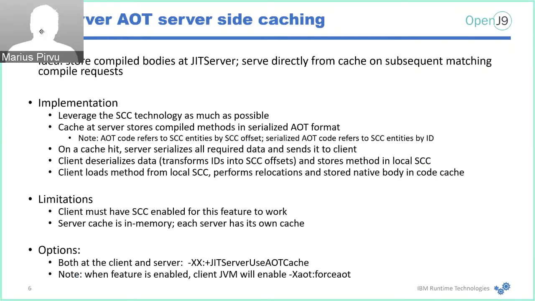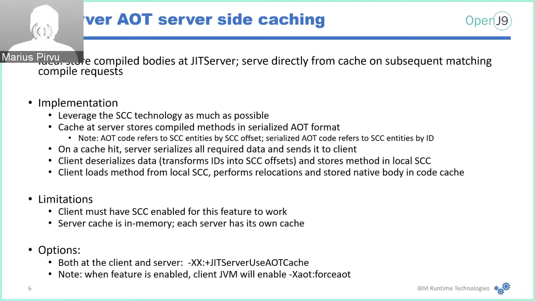Another limitation is that because each server has its own cache, there is no attempt to coordinate between the different caches that exist in the cluster. So you may have 3 or 4 JITServer instances, but they are more or less independent from one another.